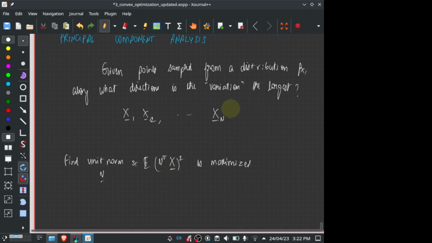Of course, here we're assuming that all of these are zero mean random variables. We'll assume that both the sample mean and the true mean are both equal to 0. Any questions?